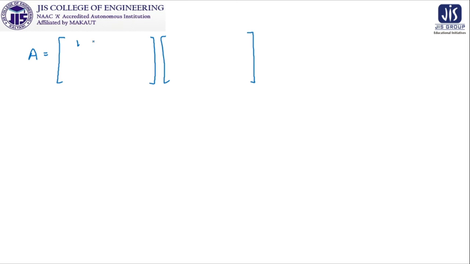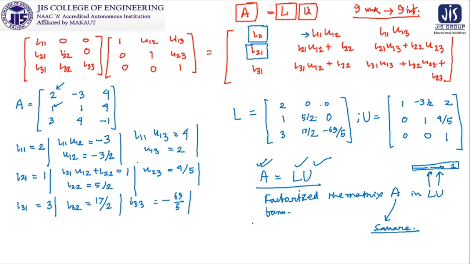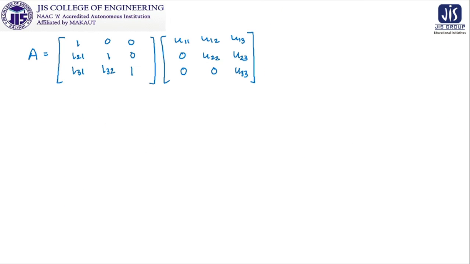So here it will be 1 0 0, L21 1 0, L31, L32 1, U11, U12, U13, then 0, U22, U23, and 0 0 U33, where in the previous problem these are already 1.